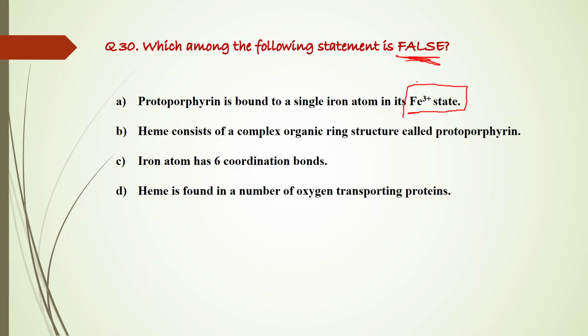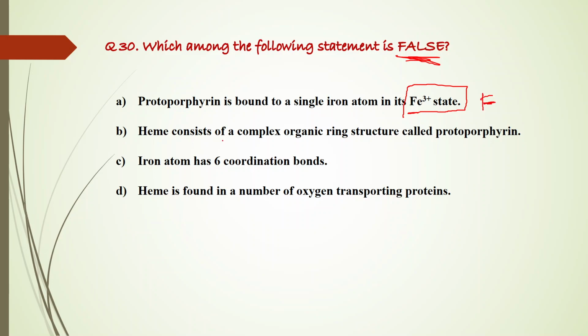Because protoporphyrin means they are talking about the organic moiety present in hemoglobin and myoglobin. In that case, we all know the metal present there is Fe2 plus, not Fe3 plus. So this statement is obviously a false statement.